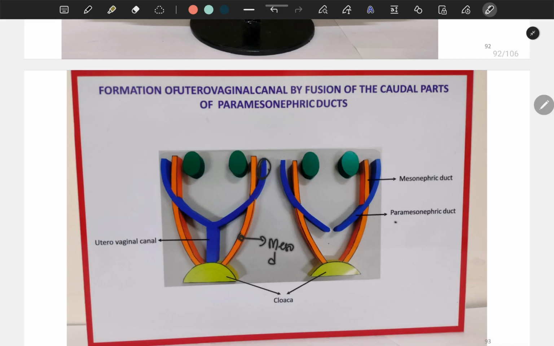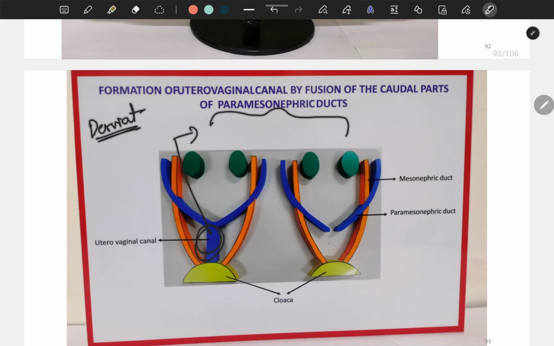Beside that, there will be a paramesonephric duct, which fuses here and forms the uterovaginal canal. Okay, uterovaginal canal, important. What are the derivatives? If you take this part and enlarge it, you can see this is the body of the uterus, and this is the fundus.